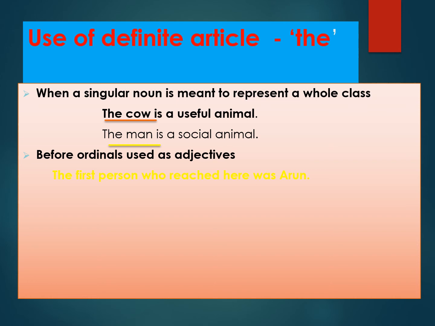Here the ordinal number first is modifying the noun person. So that's why we can say the ordinal is used as an adjective in this sentence. When the ordinal is used as an adjective, we have to use the definite article before that ordinal number. So the is used before first.